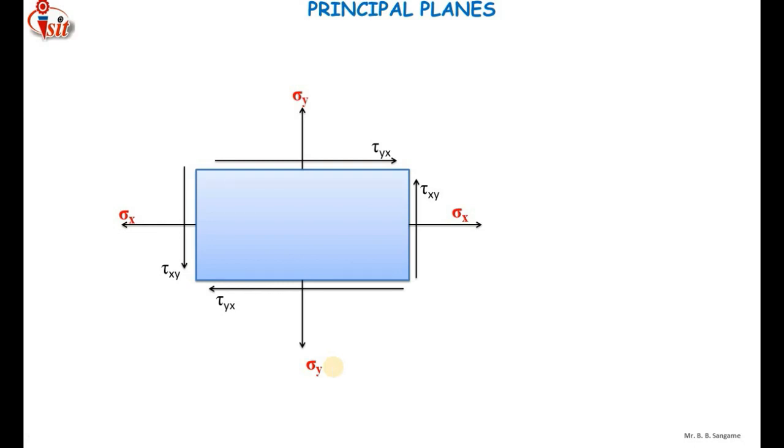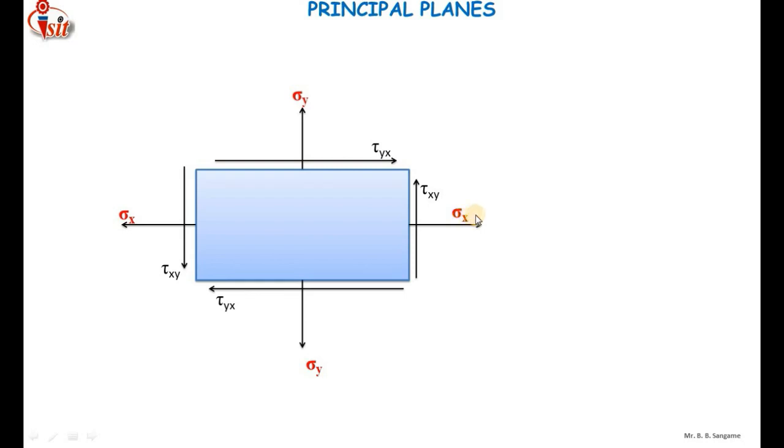Do remember one thing: the principal planes are those planes on which only a normal stress, a normal type of force, should be there.